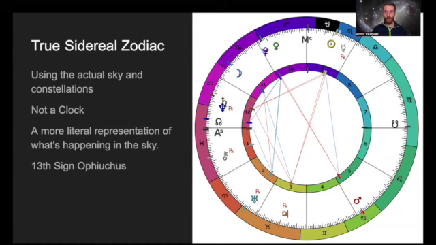It's not a cosmic clock like the others that have perfect divisions of 30 degrees making the 12 signs. It takes the actual constellations, how they are in the sky. So, for example, if you look at Virgo, it's a very big constellation in the sky. In True Sidereal, it's a really big constellation as well, taking the actual sky's size of the constellation.